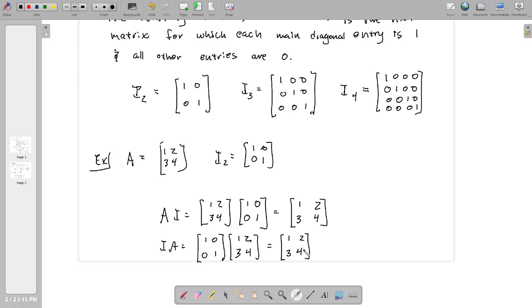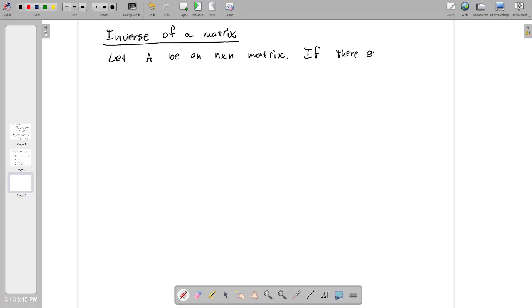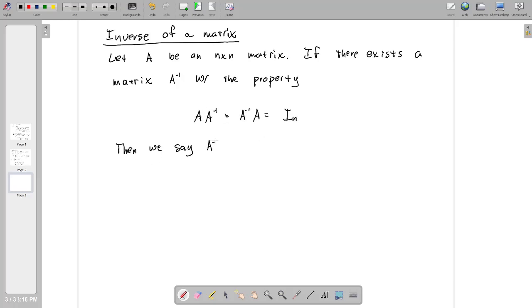Do need to make a note here that only square matrices have an inverse, which is what we're going to talk about next. What I want to talk about next is the inverse of a matrix. Let A be an n by n matrix. If there exists a matrix A to the negative 1 power with the property that A times A to the negative 1 equals A to the negative 1 times A equals I sub n, then we say A to the negative 1 is the inverse of A. Now, generally, we're not going to say A to the negative 1 power.